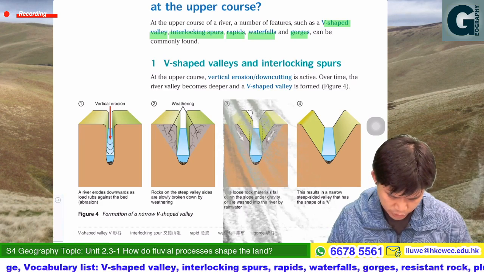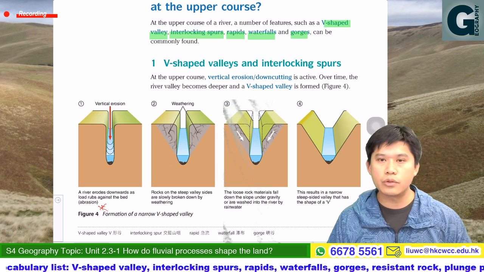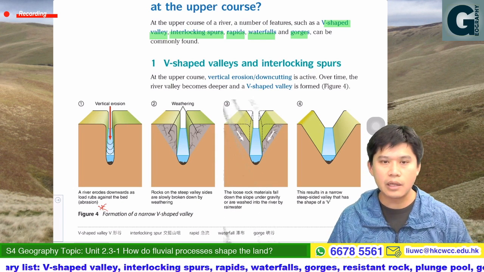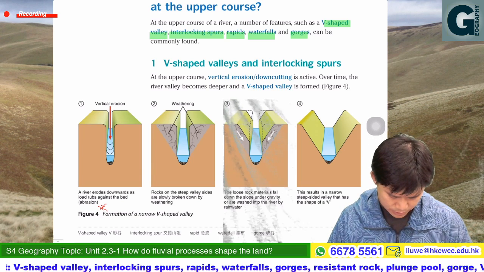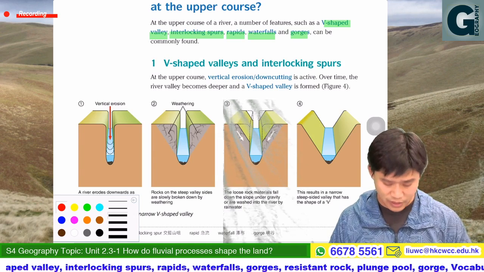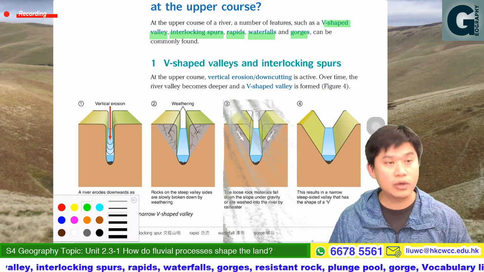So the formation of V-shaped valley. You may understand that it is normally the river valley, but we add the shape of the valley. It could be V-shaped.